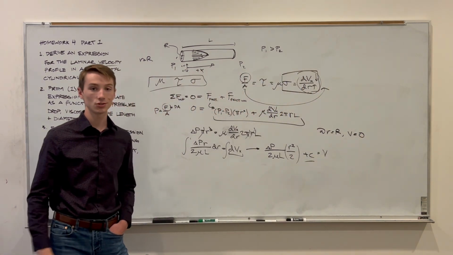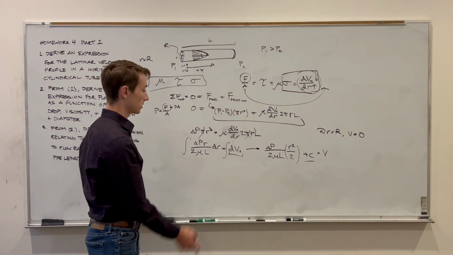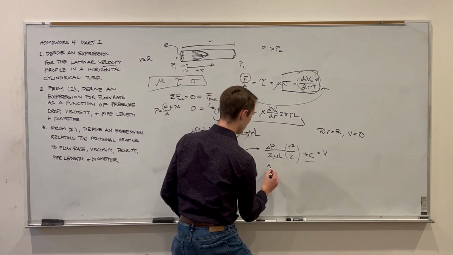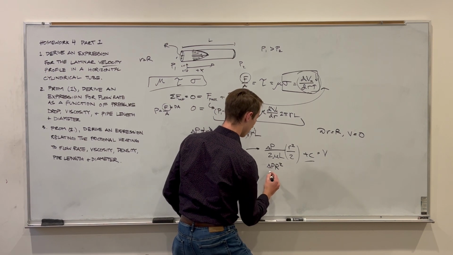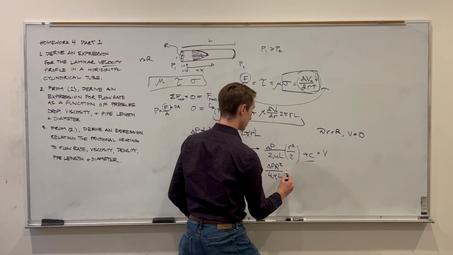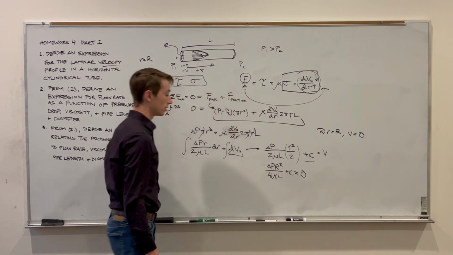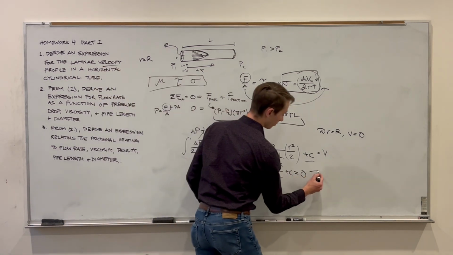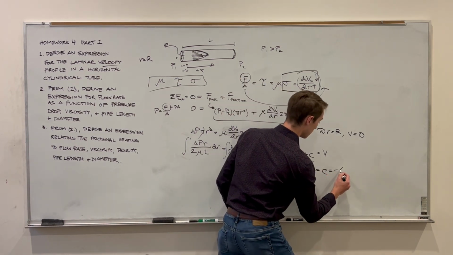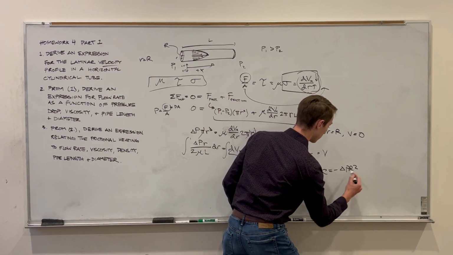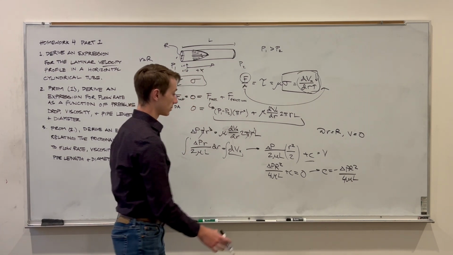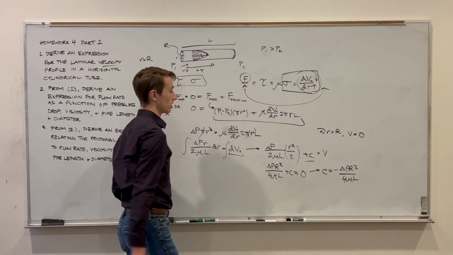So we can use that initial condition to solve for plus C. If we plug that in, we get delta P R squared over 4 mu L plus C equals 0. So then we get from this expression that C is just equal to negative delta P R squared over 4 mu L. Okay, great. So we can take this, plug it right back into the expression we just solved for.